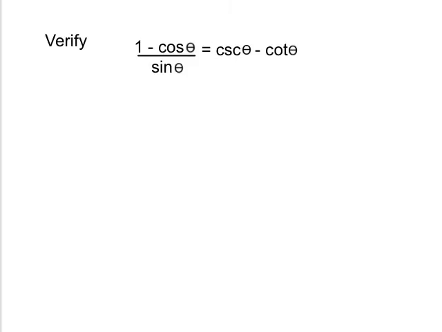Okie dokie. 1 minus cosine theta over sine theta. I'm going to start with this side again. Do something a little different. So we've got cosecant of theta minus the cotangent of theta.